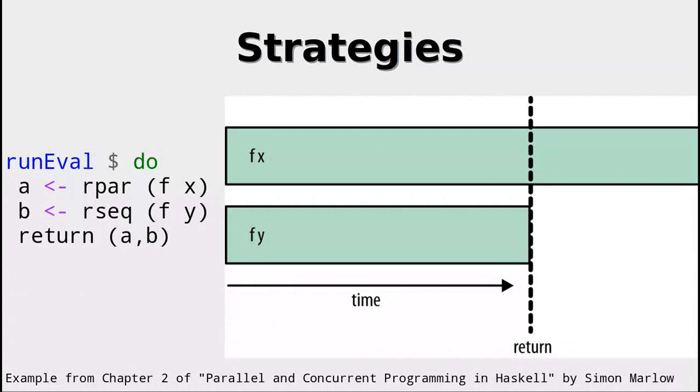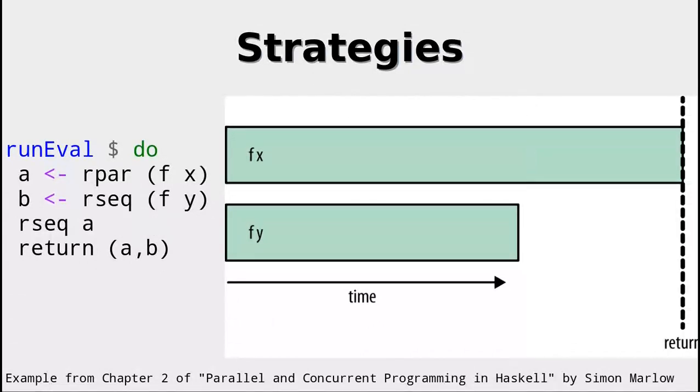And now you can do something even crazier, which is force the evaluation of a after declaring it to be parallel. So why does that work? Well, what we're doing here is basically we say, okay, evaluate a in parallel and b sequentially. After that, force the sequential weak head normal form evaluation of a, and then you can return.